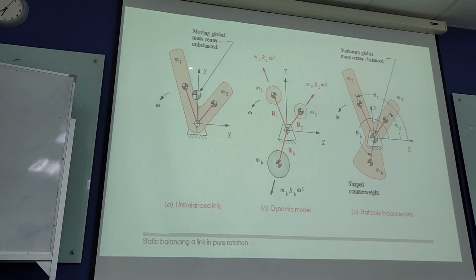So when it is rotating, it creates a lot of vibrations and noise, and the system is not balanced. To balance the system, you need to create a counter mass, a counteracting or balancing mass, and make sure the centroid of the entire system lies on the axis of rotation.